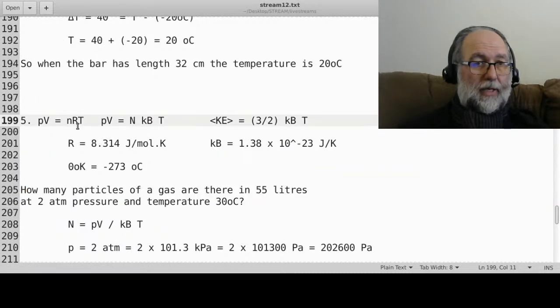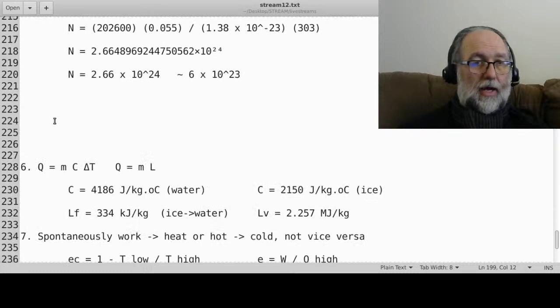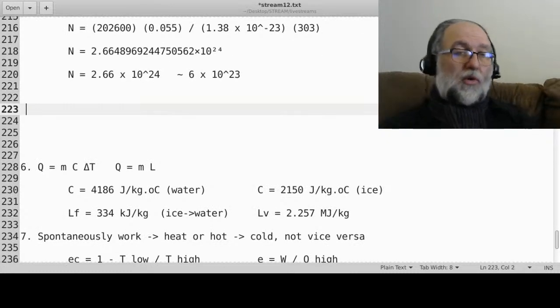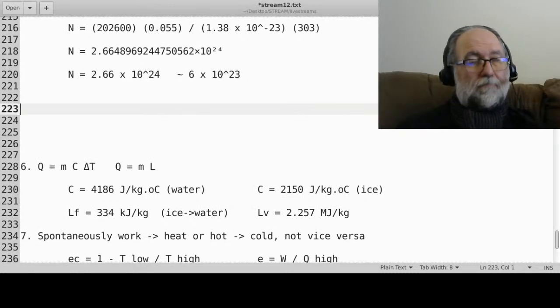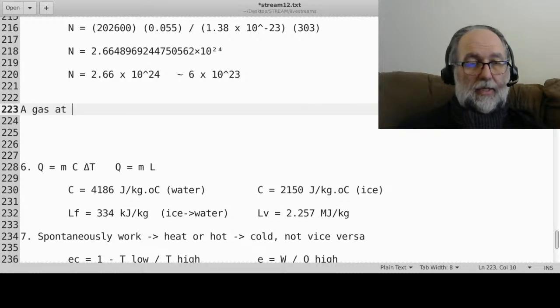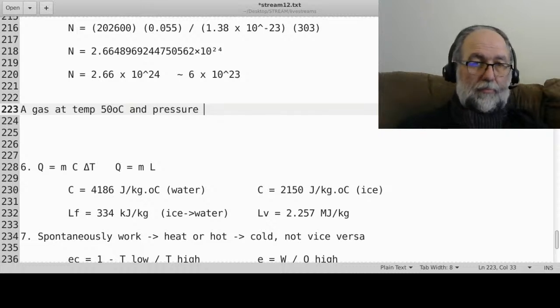And let's do one that makes use of this. Let's say here's one where you don't have to convert. A gas at temperature 50 degrees Celsius and pressure, oh, you know what? I'm going to use some crazy units.